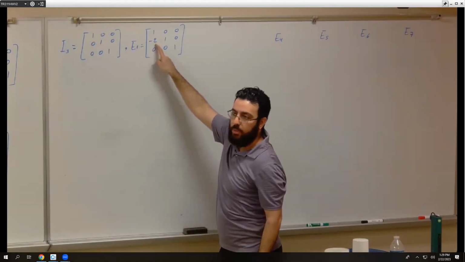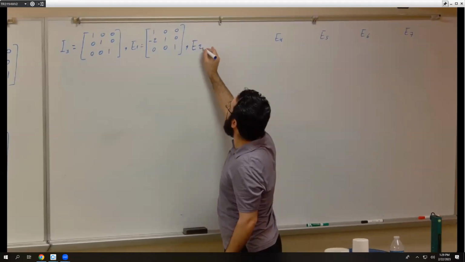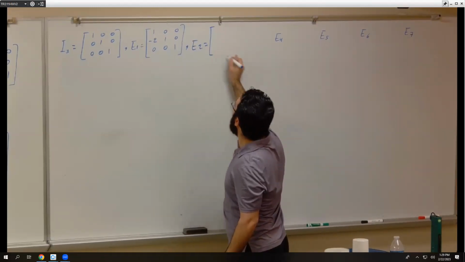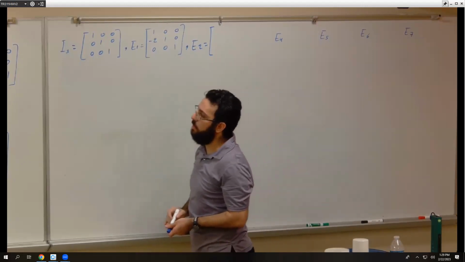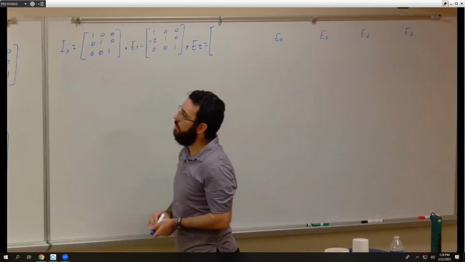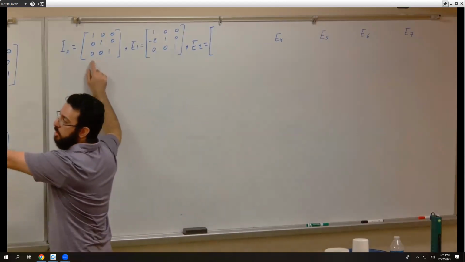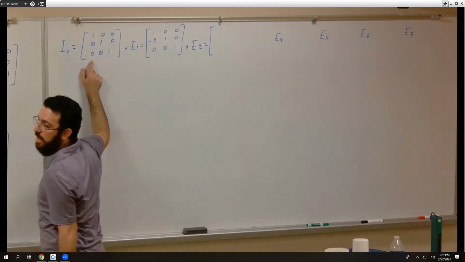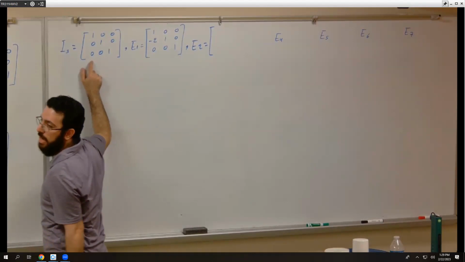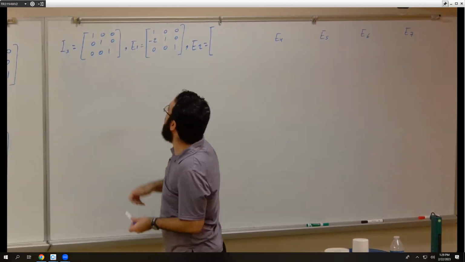Okay? Now, can we find E2? Tell me E2. Here is the identity. Is that the element here? On this location? Look at the second operation. What number do we have? -1. So I'm going to change this number to -1.